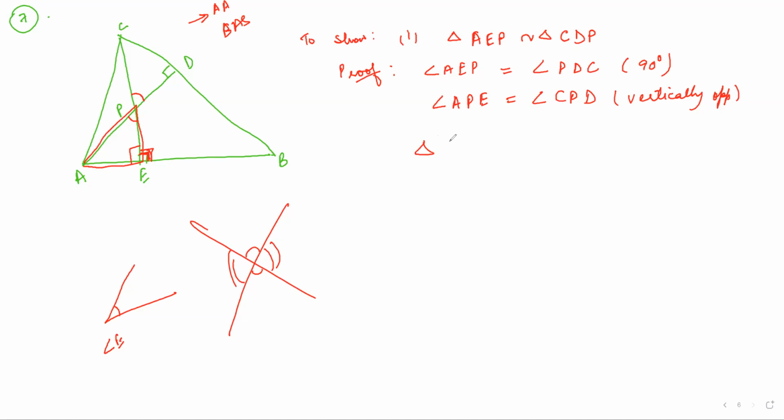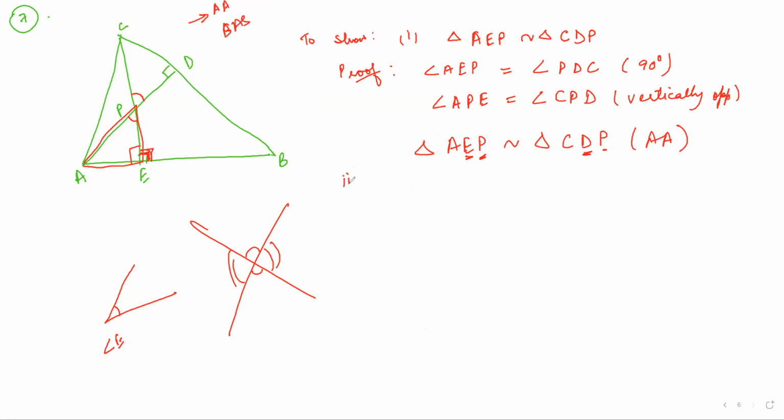So these two triangles, AEP is similar to triangle CDP, by AA criteria, right? So see, D here, 90 degrees, 90 degrees. That's the correct way of naming. P here, P here.